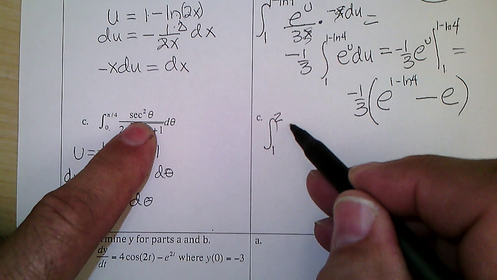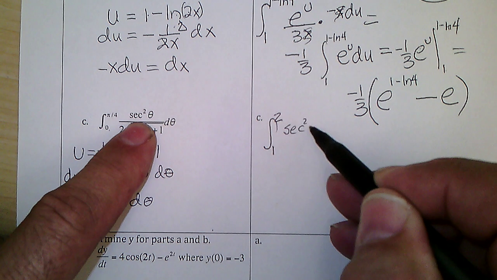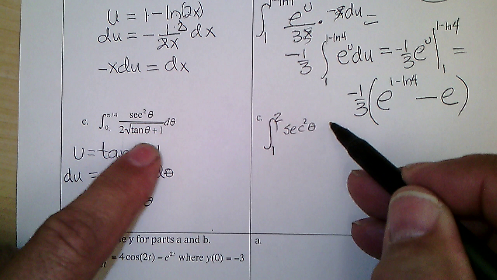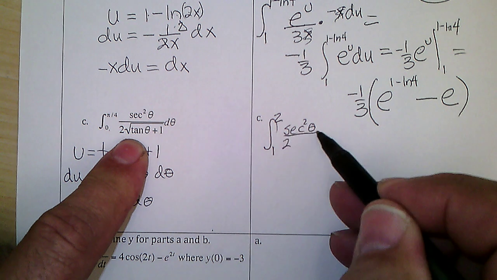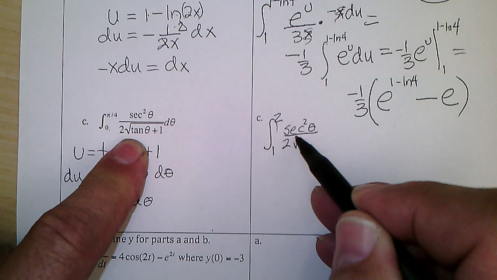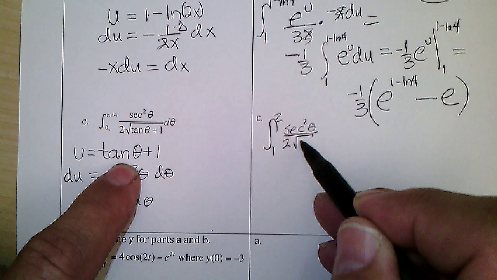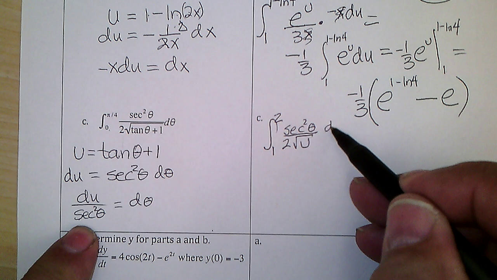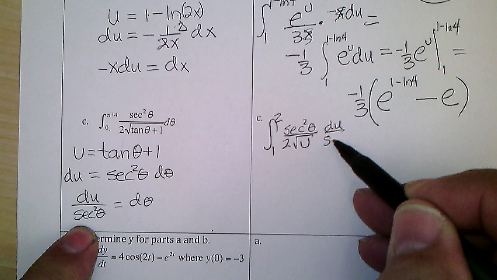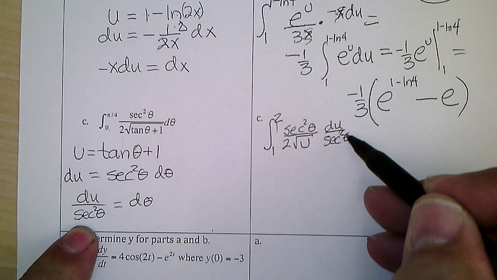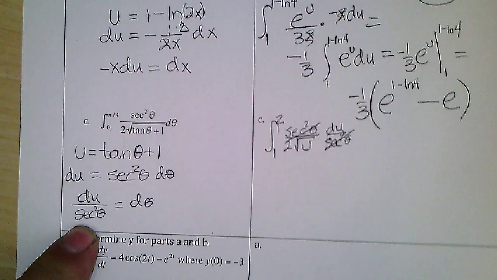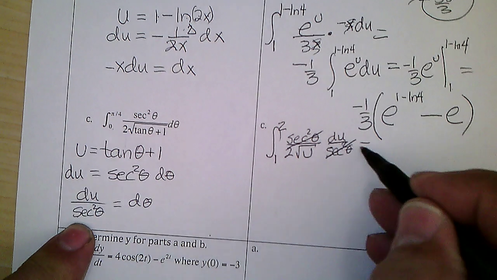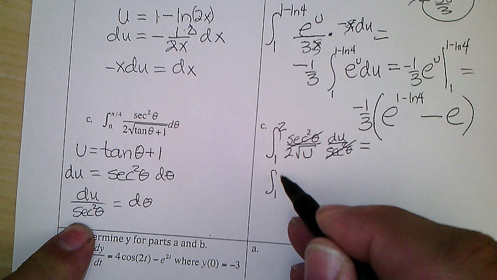Integral of secant squared theta over 2 square root of u, and d theta becomes du over secant squared theta. So I have the integral from 1 to 2.